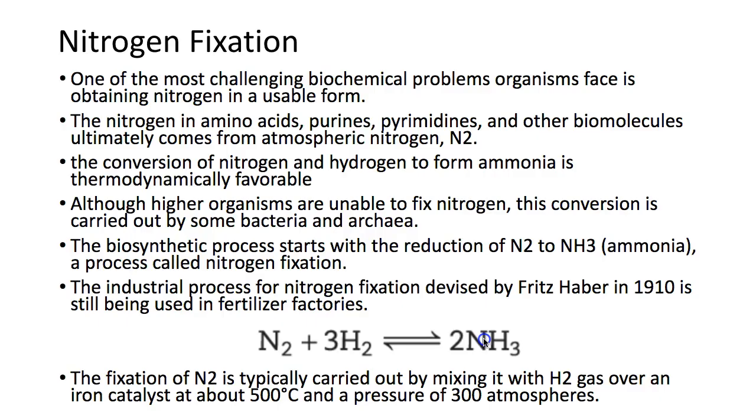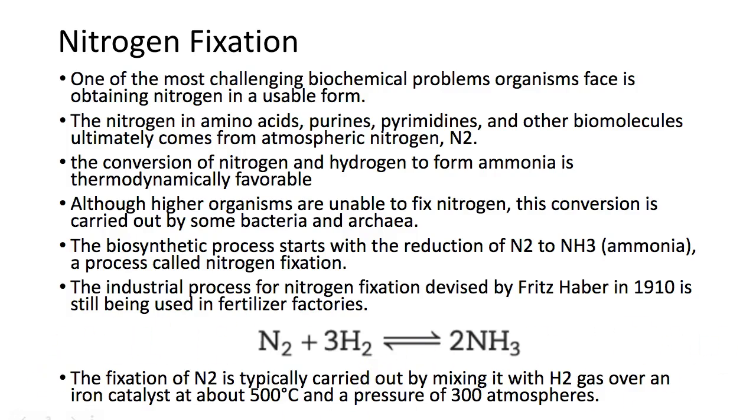In order to have this biosynthetic process, it starts with the reduction of nitrogen to ammonia, and this can actually be done in an industrial process, which was found in 1910, where you have a fixation of nitrogen, typically carried out by mixing hydrogen gas over an iron catalyst at 500 degrees Celsius and a pressure of 300 atmospheres.